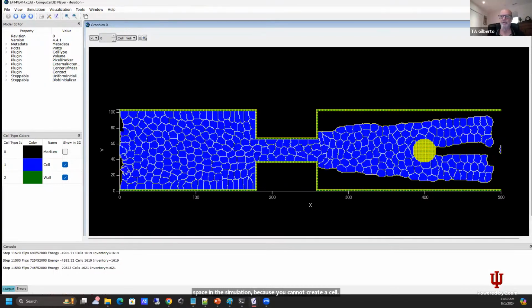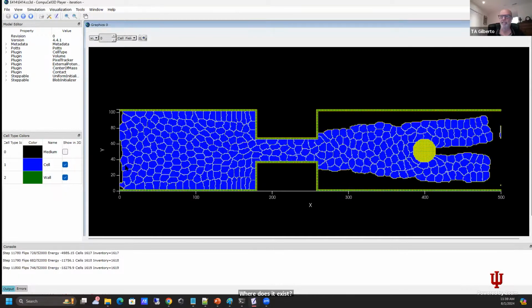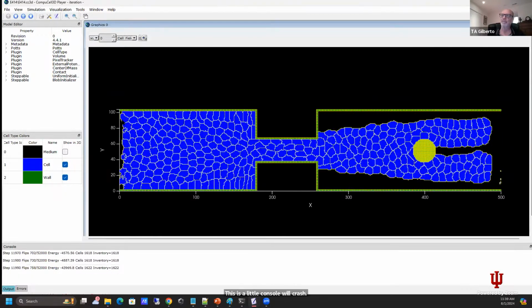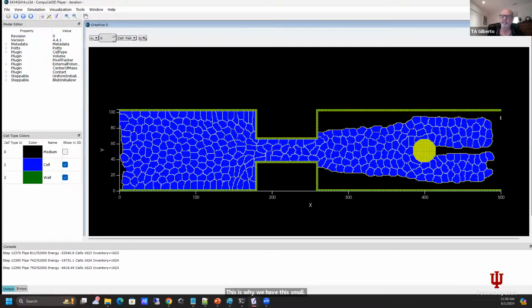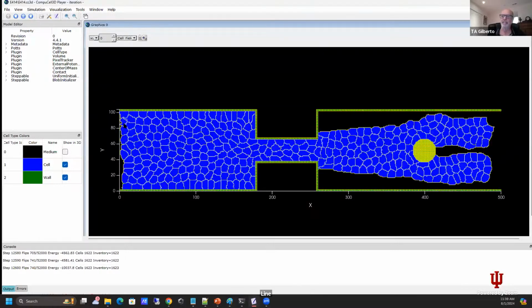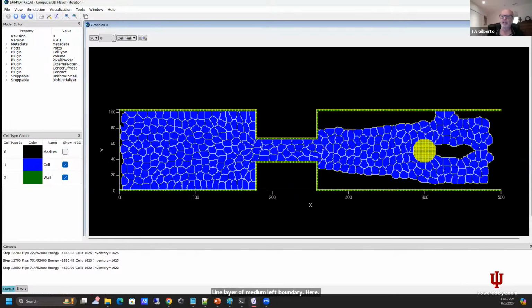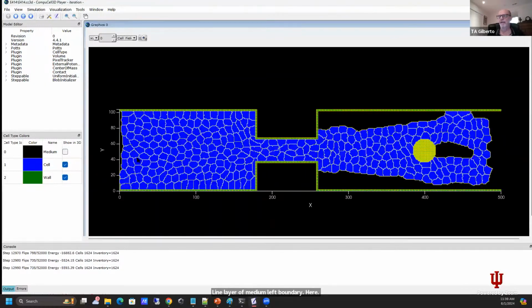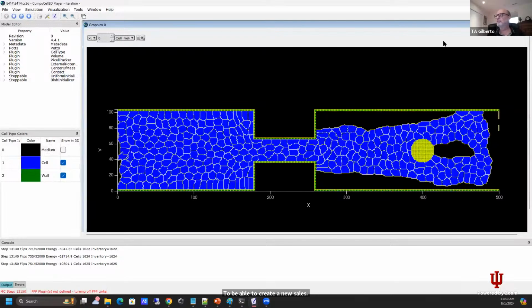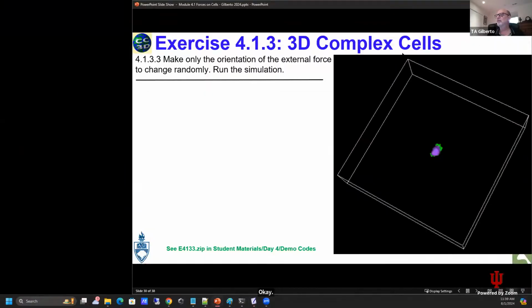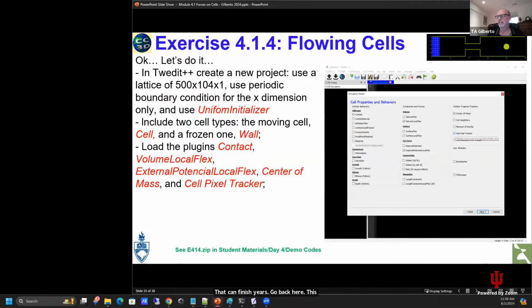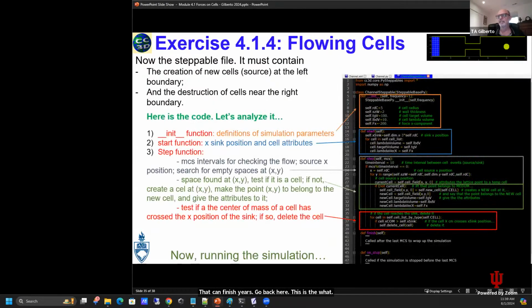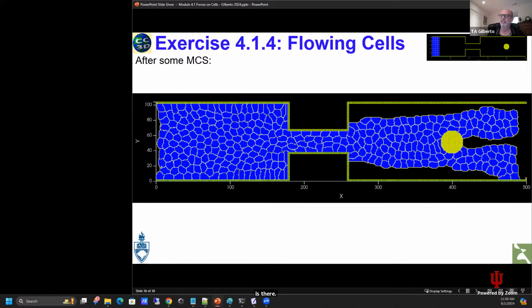This cell will crash. This is why we have this small layer of medium at the left boundary here, to be able to create new cells here. Okay, so let me finish this. Go back here. This is what is there. Everything is here.